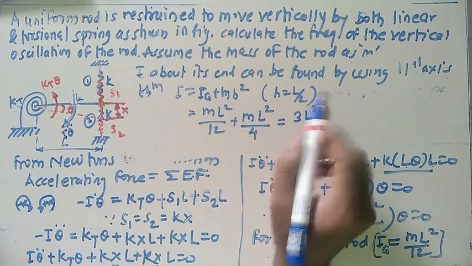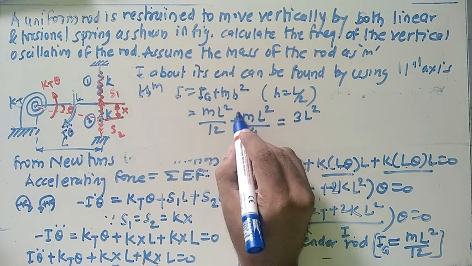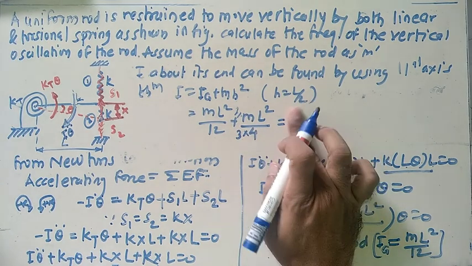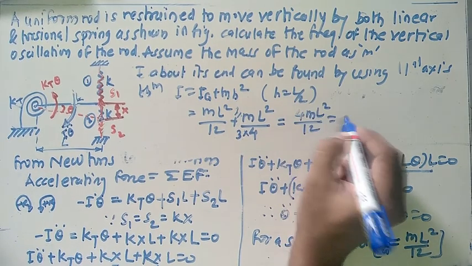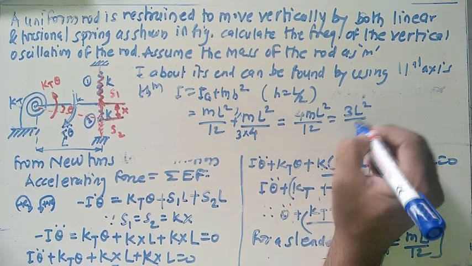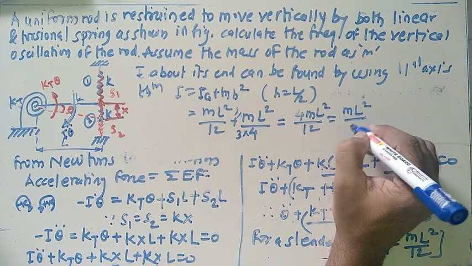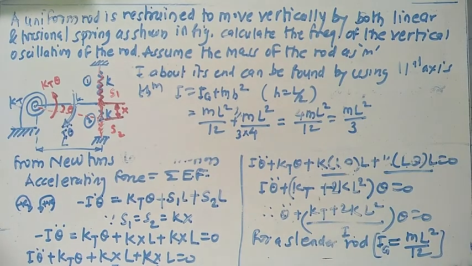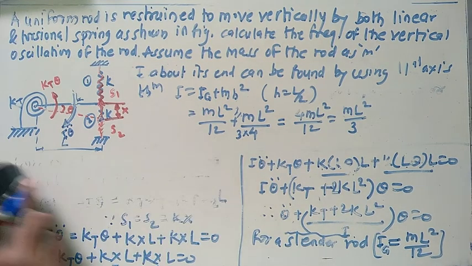Make the base common for this one. If I multiply by 3 here and 3 here, we get 4 ml square divided by 12, or simply ml square divided by 3. So from this equation, just erase this portion and continue from this side.